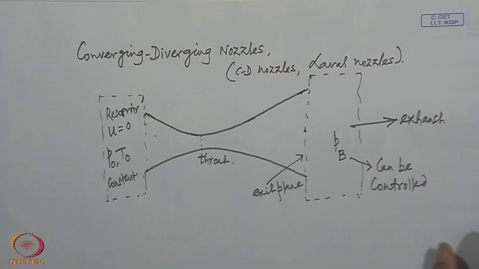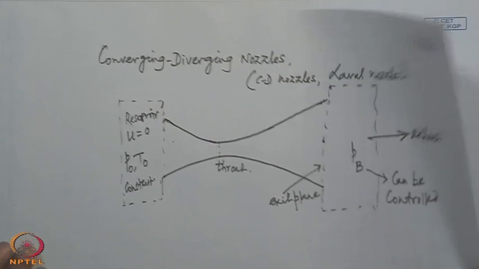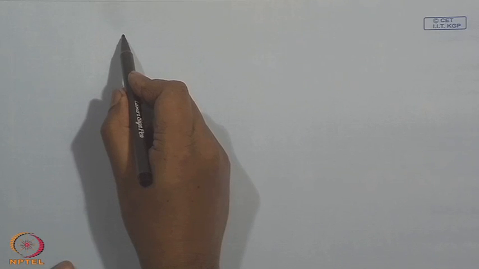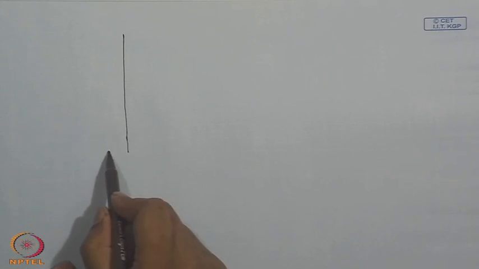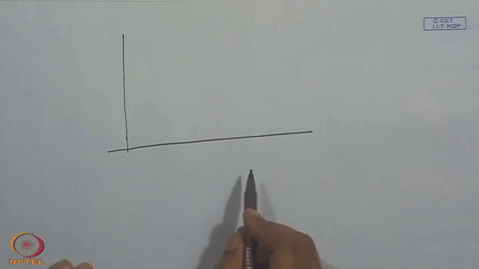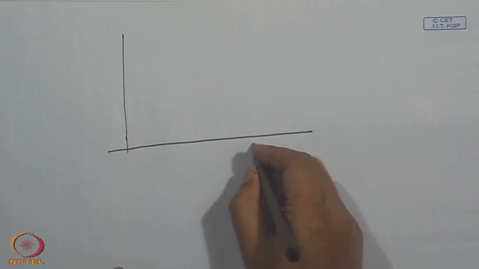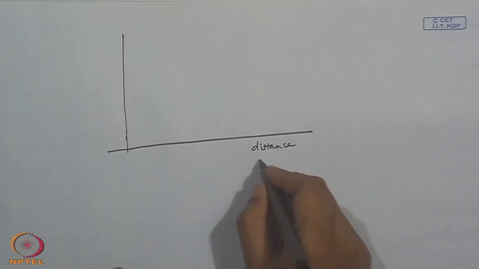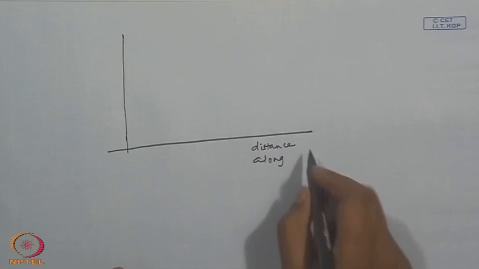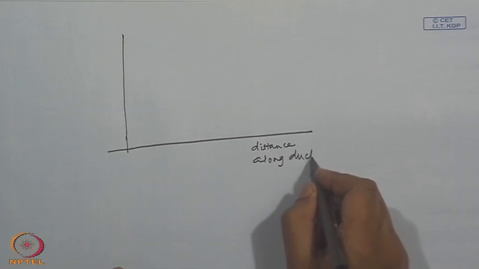Now, once again, considering this controlled pressure, let us see how the flow will behave within the nozzle as the back pressure is controlled. So, this is once again distance along duct.